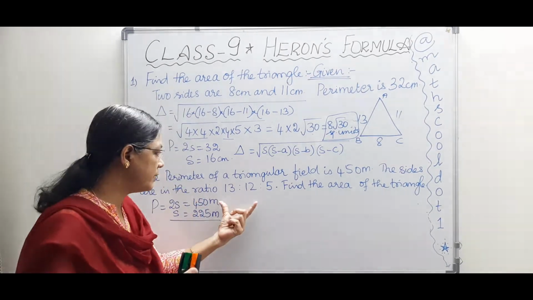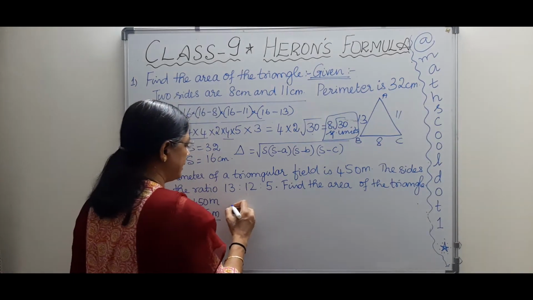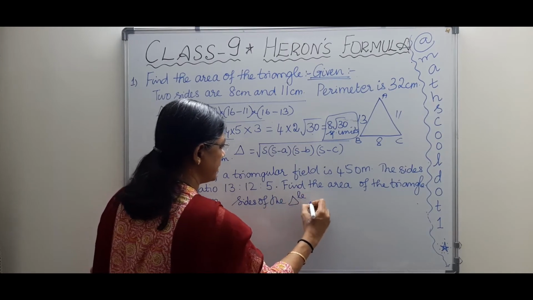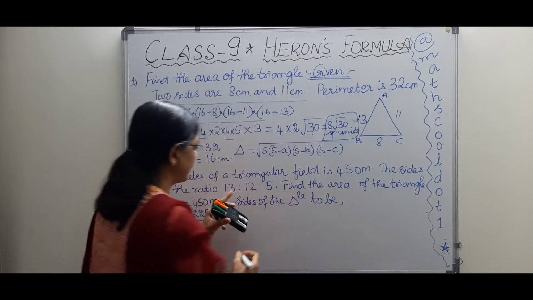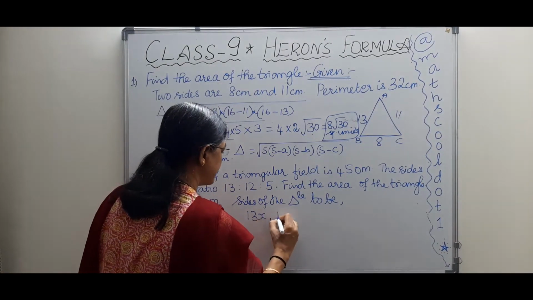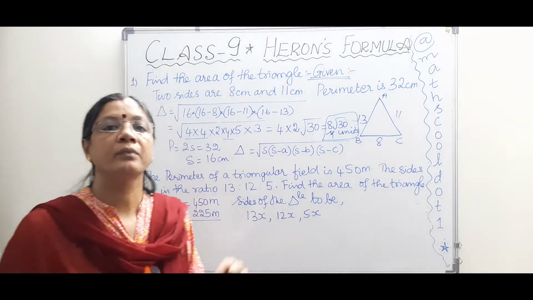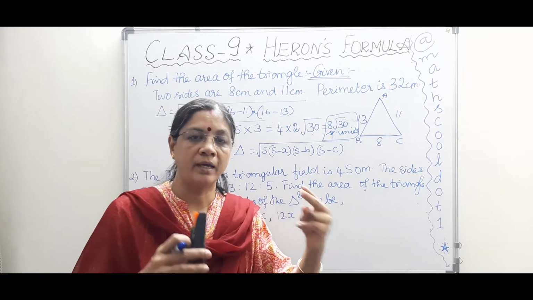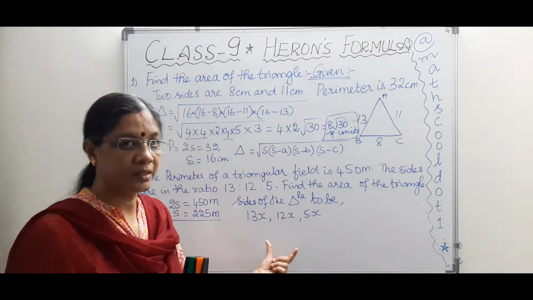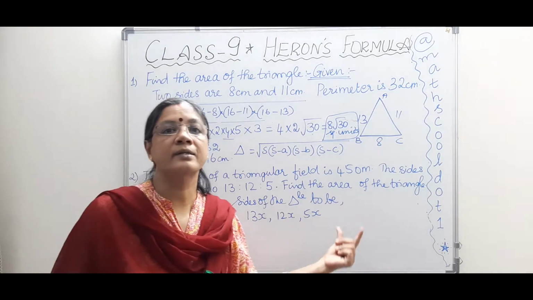If the ratios are given for finding the sides of the triangle, let us take the sides to be 13x, 12x and 5x, since they are in the ratio 13 is to 12 is to 5. Each number is multiplied by some constant to get the sides. So that is the meaning of ratio. So 13x, 12x and 5x be the sides of the triangle.